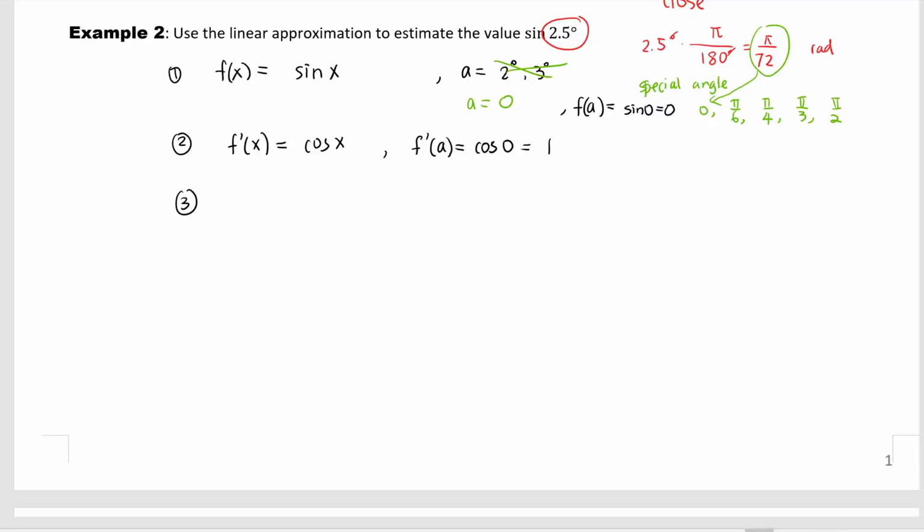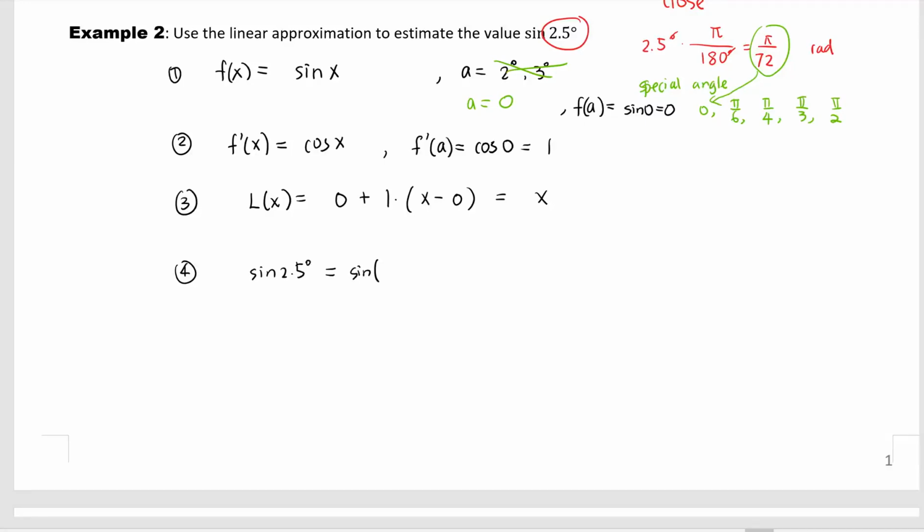Alright, so what is our linear approximation? We have the f of a, which is 0, plus f prime of a, which is 1, times x minus a. A is 0. Oops. So that is just x. So our linear approximation is just x. Okay, and then 4, we have sine of 2.5 degree.